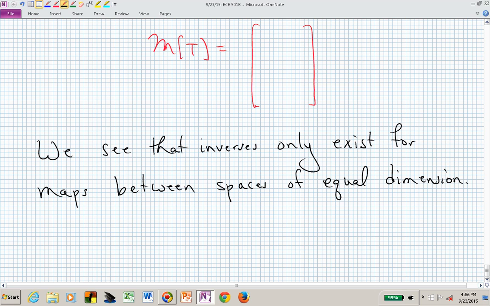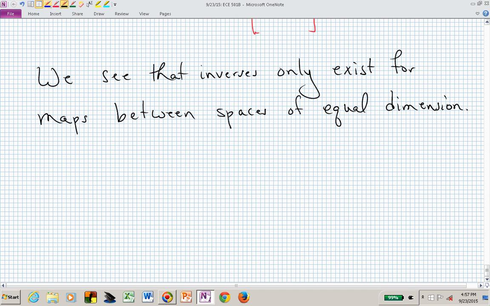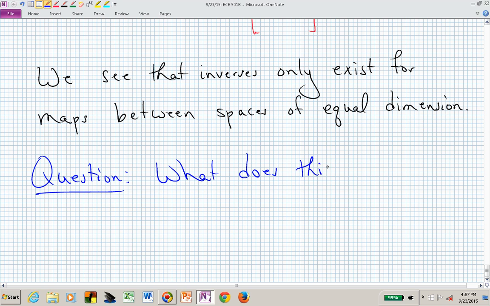In order for us to have invertible maps, we need the input space to be the same dimension as our output space. What does this look like in terms of a matrix representation? Here's the question. What does this mean in terms of matrix representation?